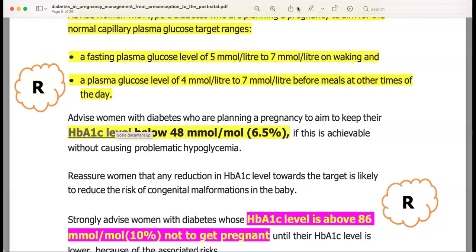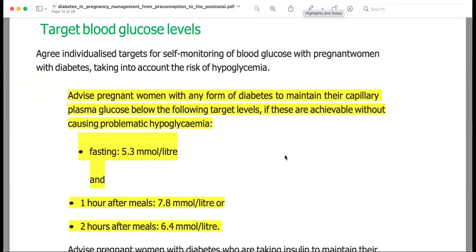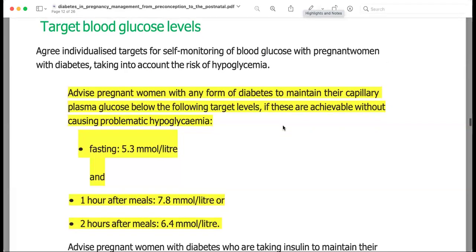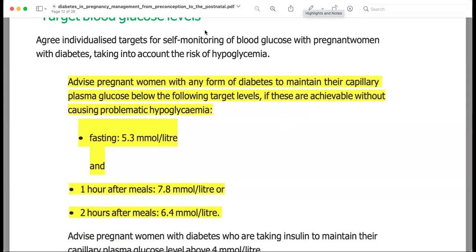The target blood glucose level during pregnancy for a diabetic woman is fasting 5.3, 1 hour after meal 7.8, and 2 hours after meal 6.4.